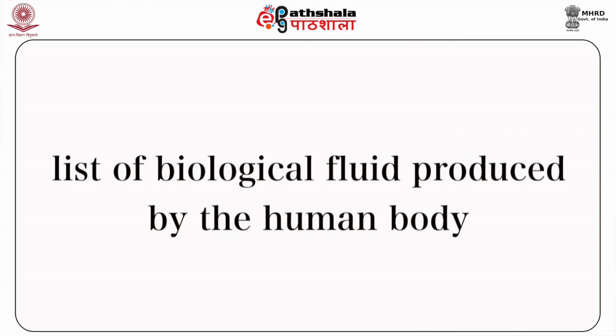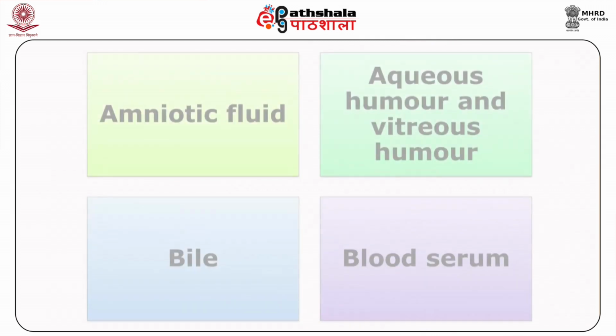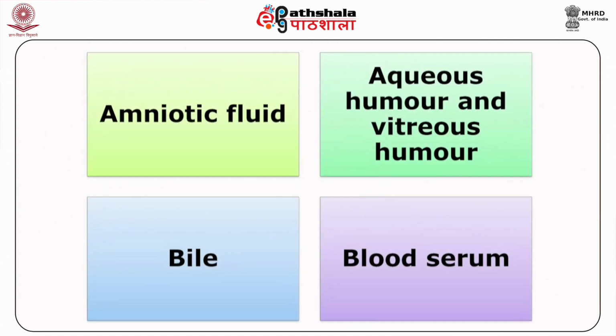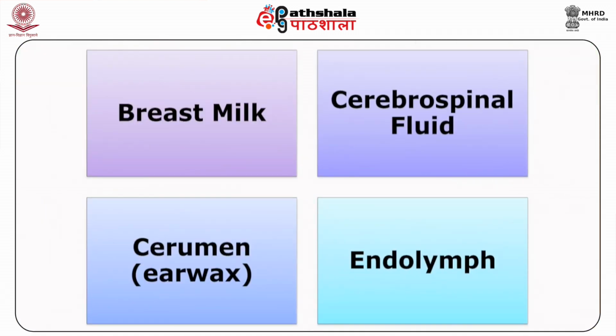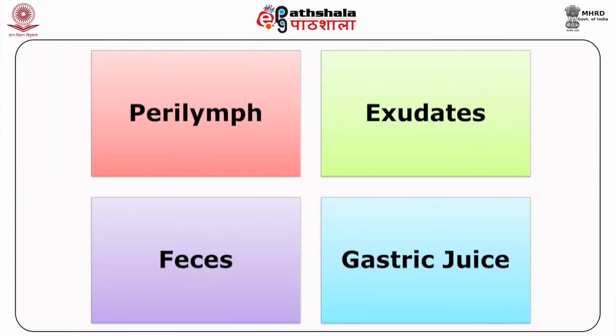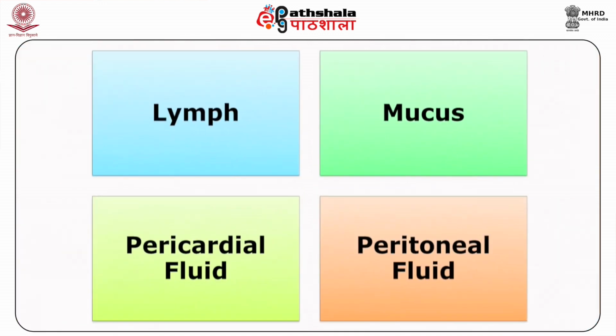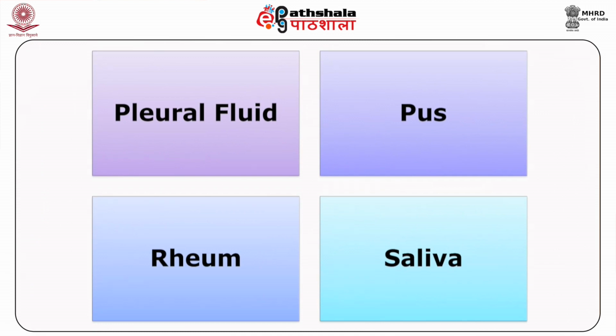List of biological fluids produced by the human body: amniotic fluid, aqueous humor and vitreous humor, bile, blood serum, breast milk, cerebrospinal fluid, cerumen or earwax, endolymph, perilymph, exudates, feces, gastric juice, lymph, mucus, pericardial fluid, peritoneal fluid, pleural fluid, pus, rheum, saliva.